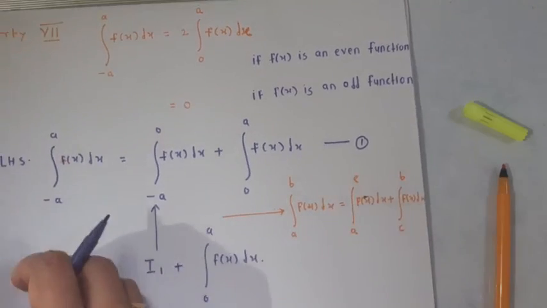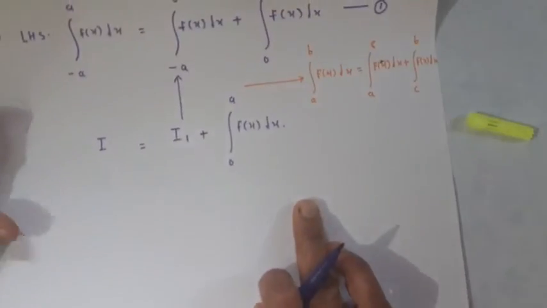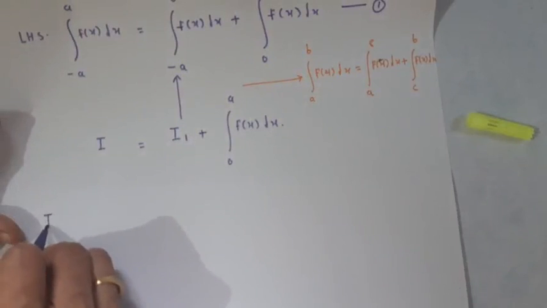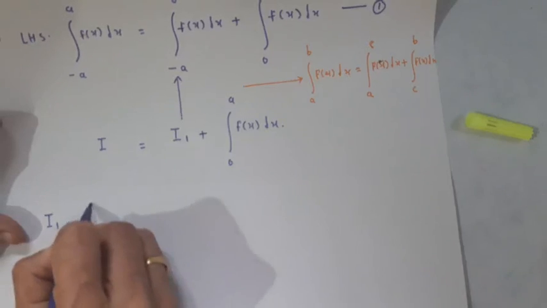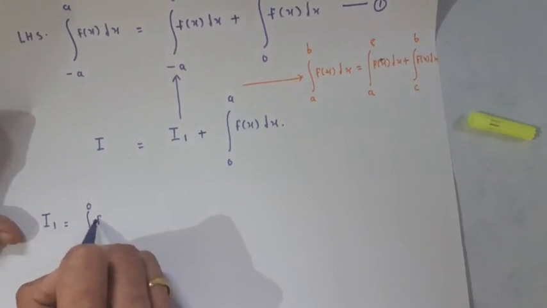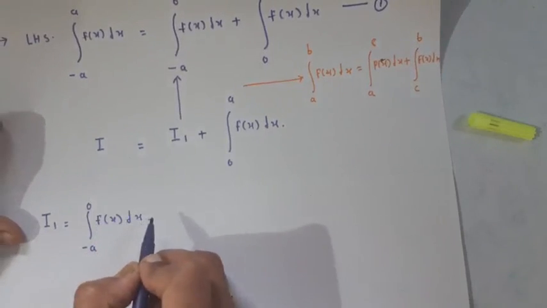Now students, let us solve the first integration, that is I1 equals integration from minus a to 0 of f of x with respect to x.